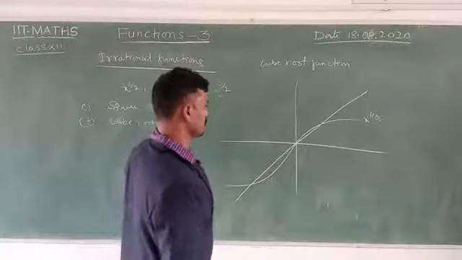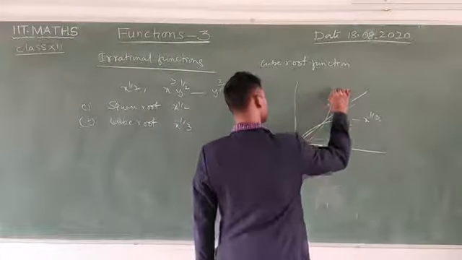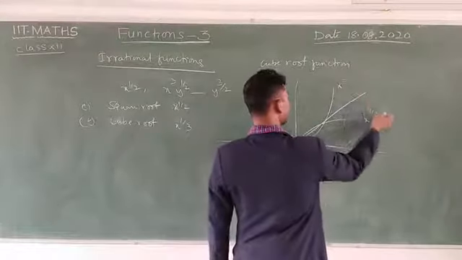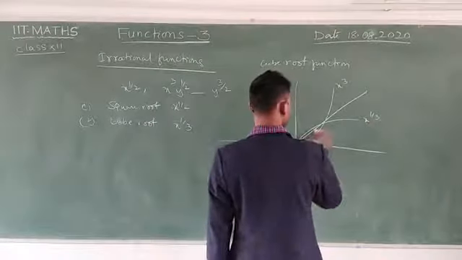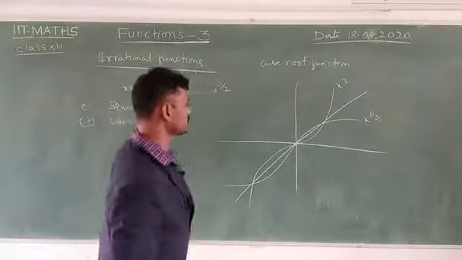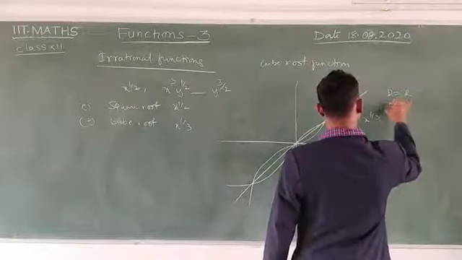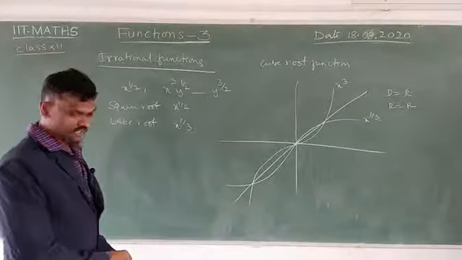Suppose x power 3, this is x power 3, and this is x to the power of 1 by 3. This is the cube root function. For the cube root function, you can take the domain as R and the range also R. No restriction. This is a rational function.